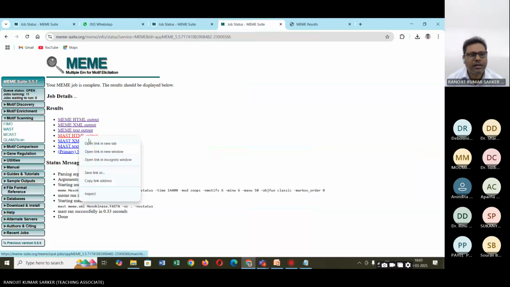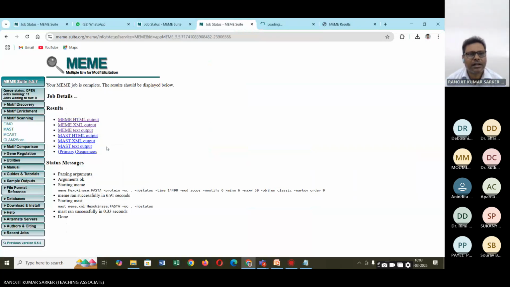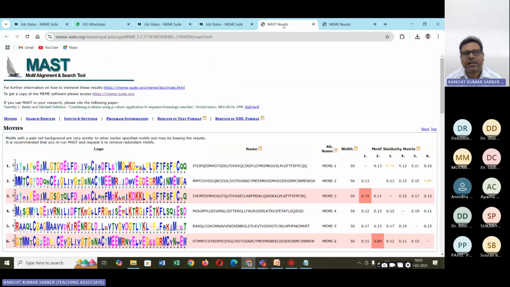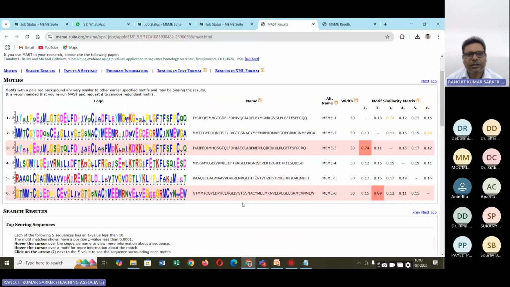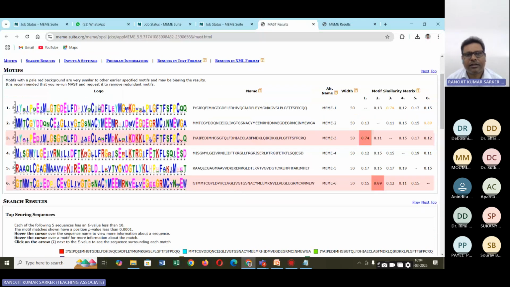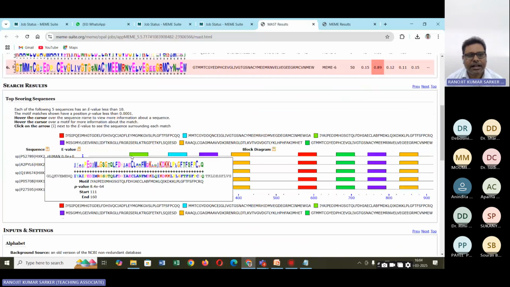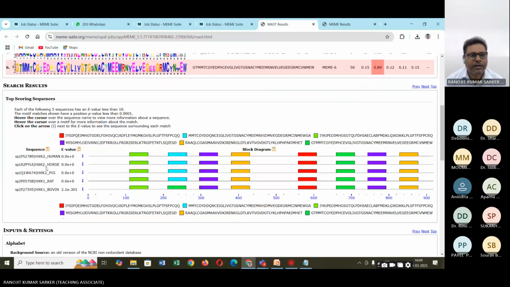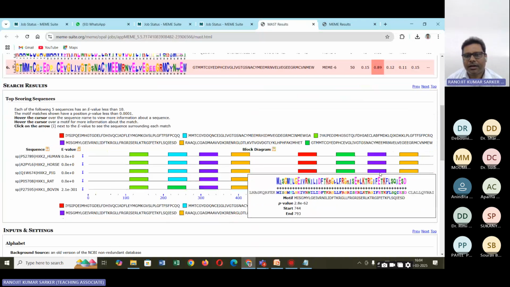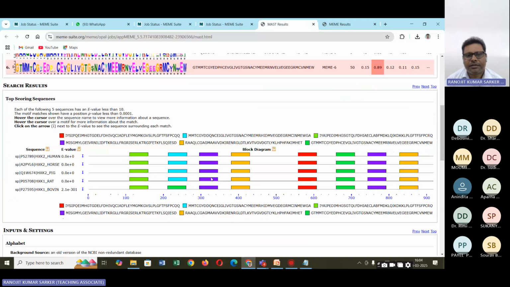Now see the MAST output. You can see here you will get the motif logo along with its consensus sequence, and here is the block diagram of the motifs. Here you can see this is the logo of the motif.